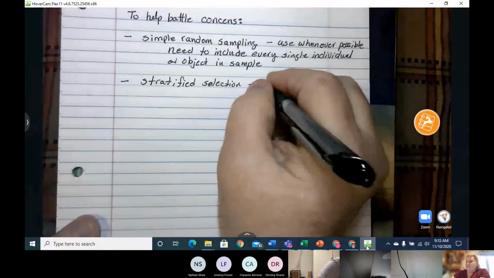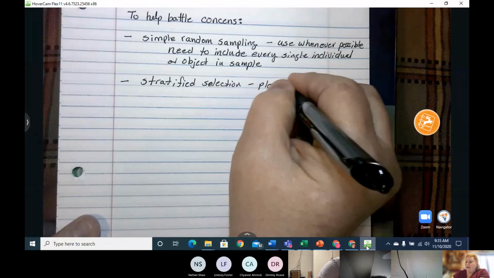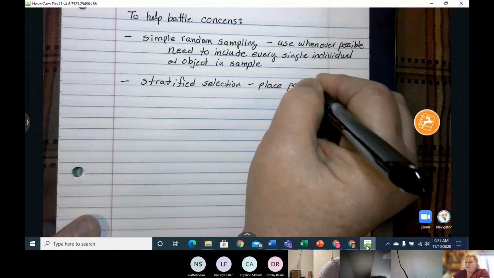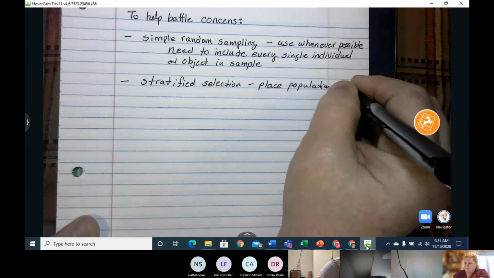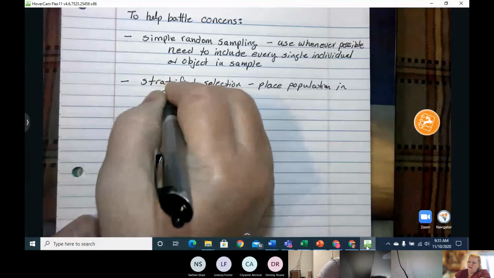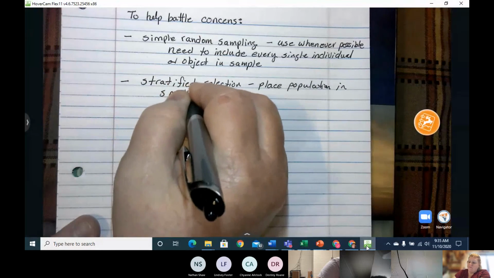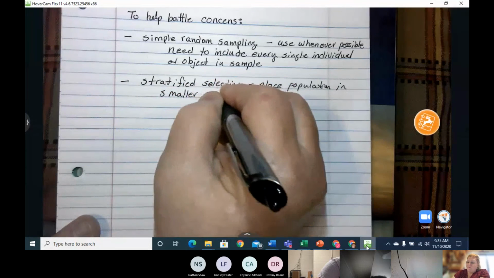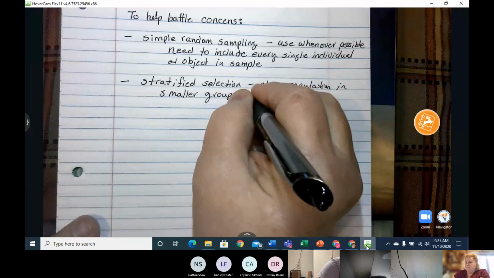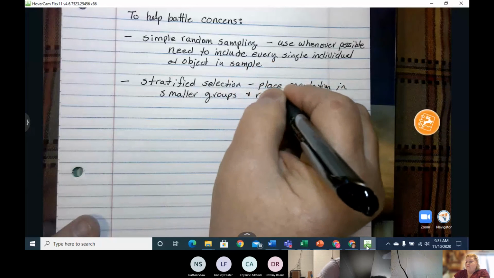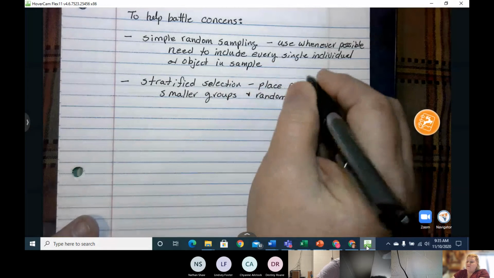And this is where you place your population in smaller groups and then you randomly choose from the smaller groups.